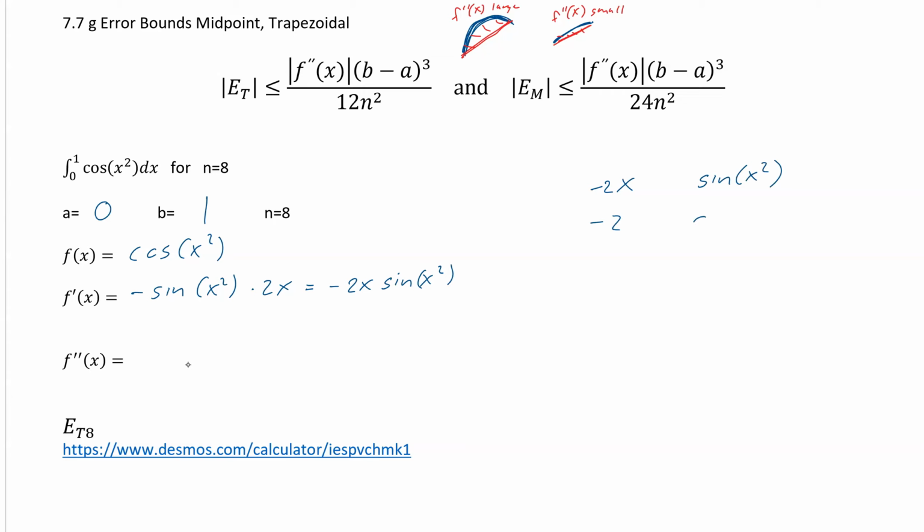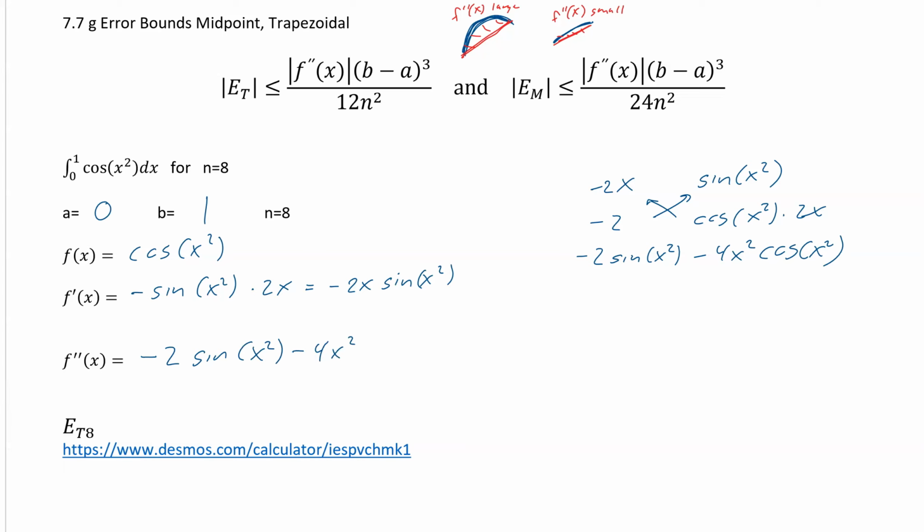So negative 2, and then cosine x squared times 2x, and then we do our little cross multiply. So negative 2 sine x squared, and then that would give us a negative 2x, and positive 2x is negative 4x squared cosine x squared. So we end up with negative 2 sine x squared minus 4x squared cosine x squared.